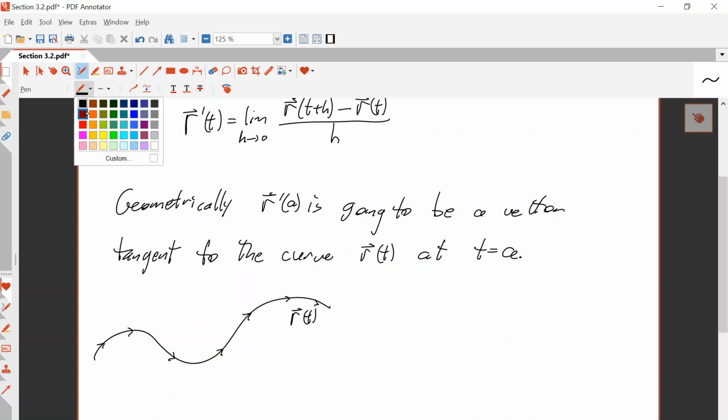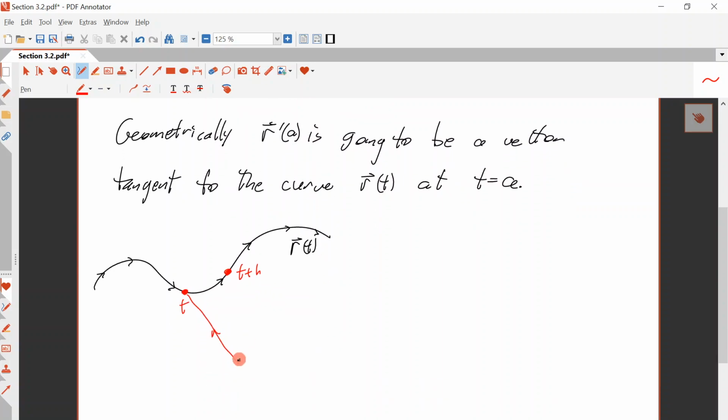Here is t, and here's t plus h. So r of t is right here.